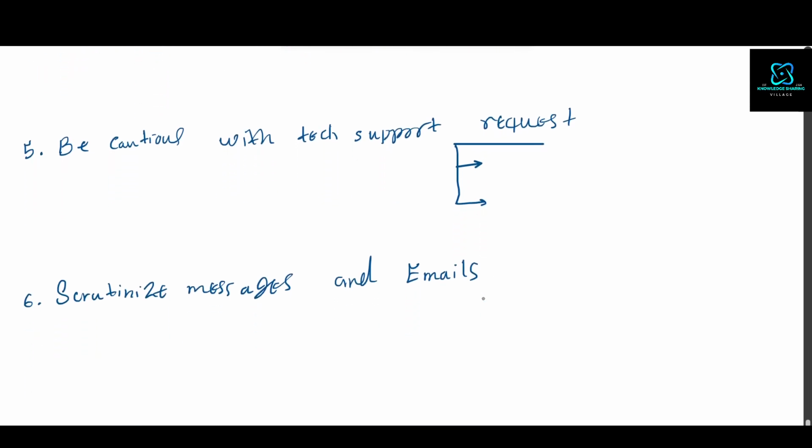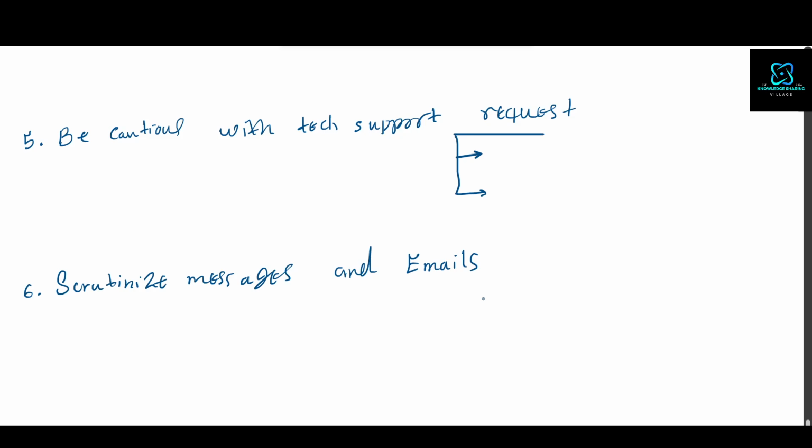Okay, the sixth step that we can take is to scrutinize the messages and emails. Here comes the very important one. First of all, if you are receiving an email or message from an unknown number or unknown email, it is obvious that you should be very careful there and not click on the link or on the picture.